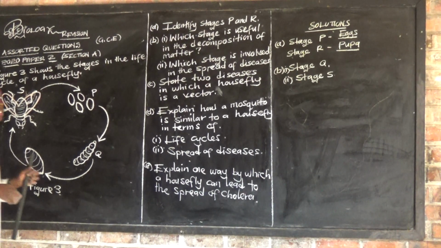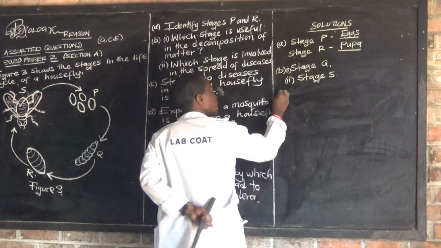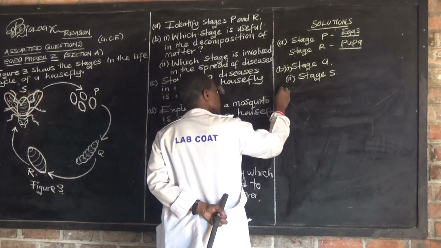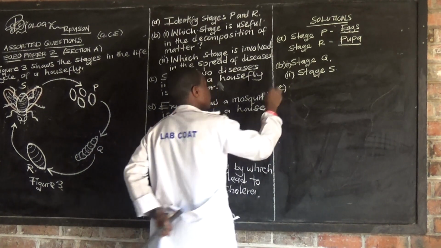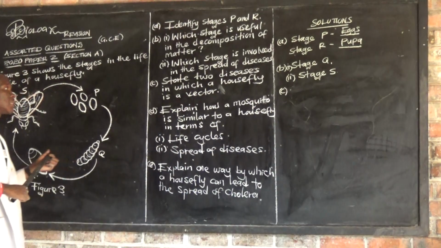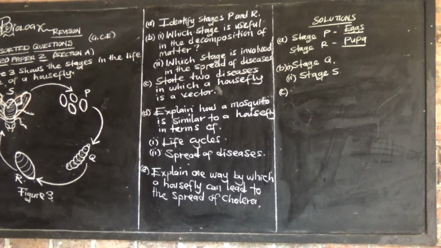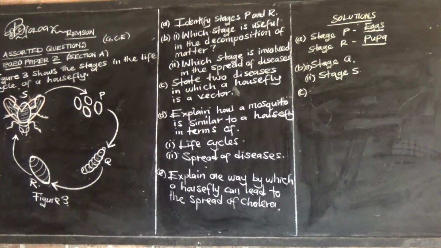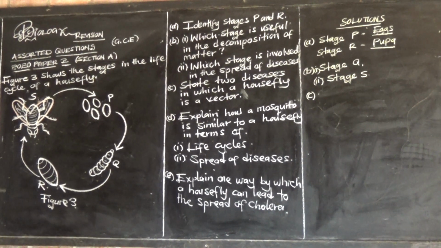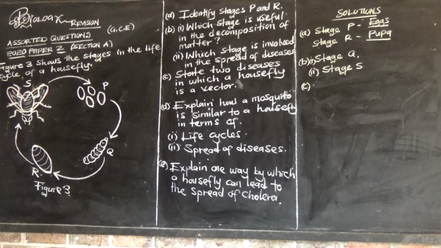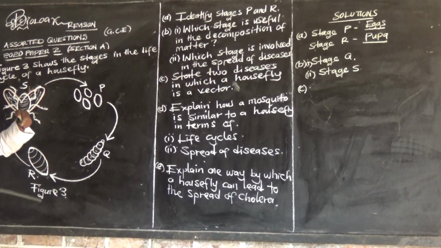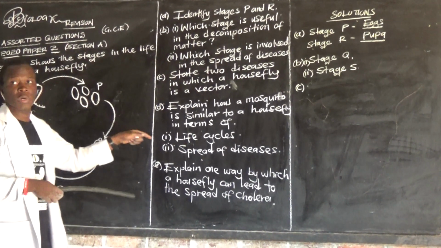Then let us look at question C. Question C says state 2 diseases in which the housefly is a vector. You know what a vector is: an organism which transmits parasites from one host to another.